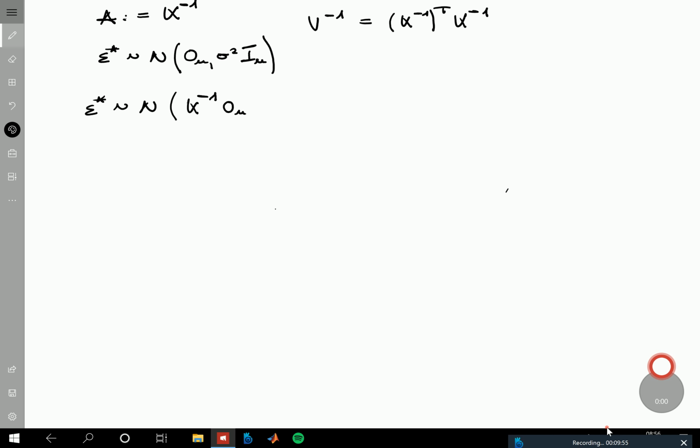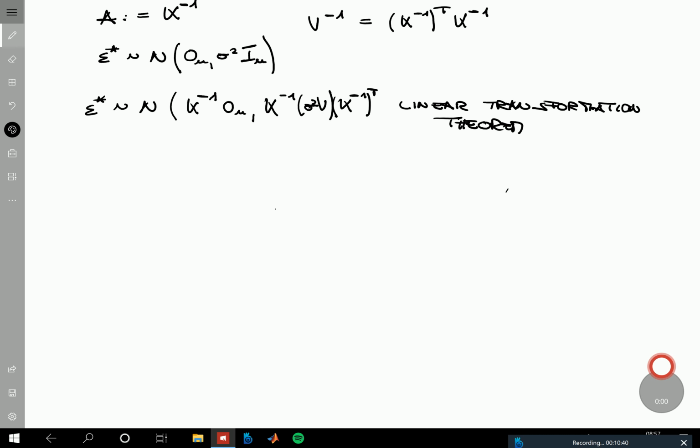And if you remember from the linear transformation theorem, we get that the transformed expectation parameter is the transformation matrix, so K minus 1, times the original parameter, which was 0n, so we have K minus 1, 0n, and the transformed covariance parameter is given by the transformation matrix times the original covariance matrix times the transpose of the transformation matrix.